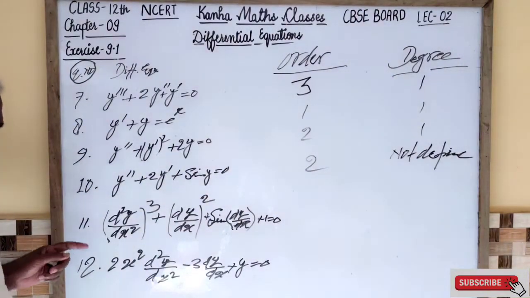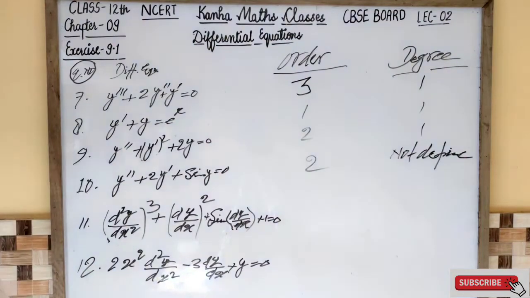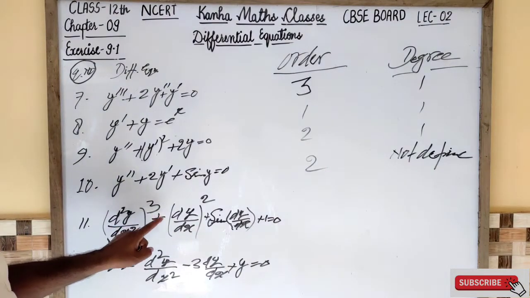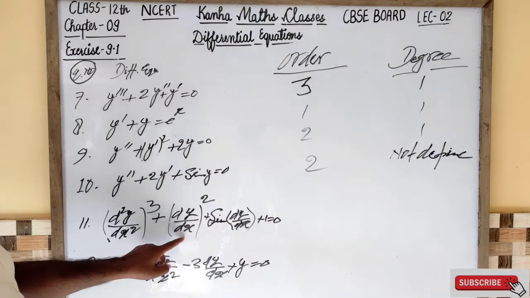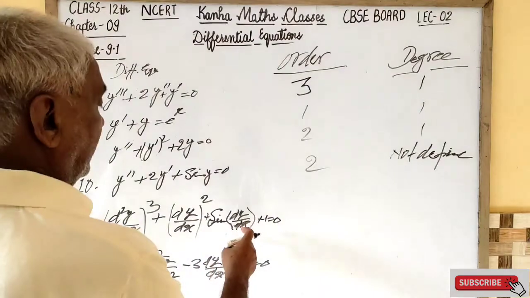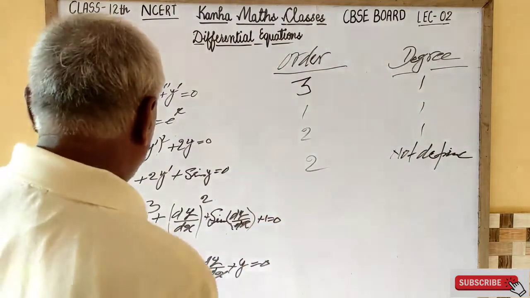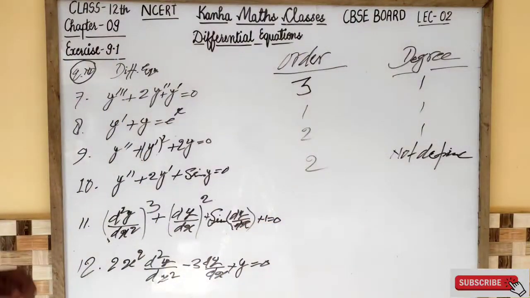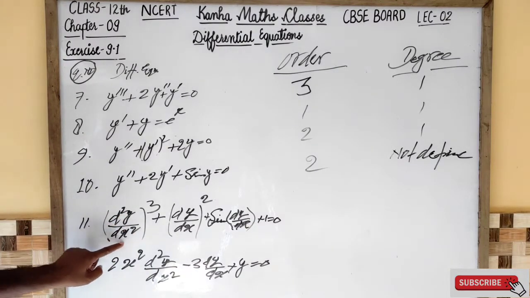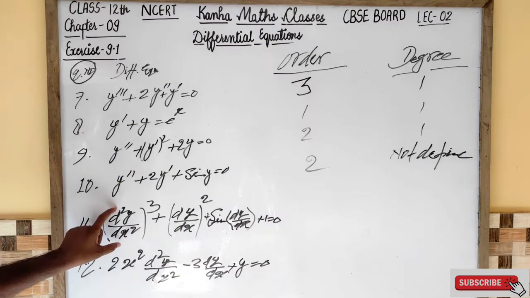Now come to question number 11. It is very distinct that d square y upon dx square power 3 plus dy by dx power 2 plus sine of dy by dx plus 1 is equal to 0. Here we see the highest order derivative is d square y by dx square, meaning its order is 2.